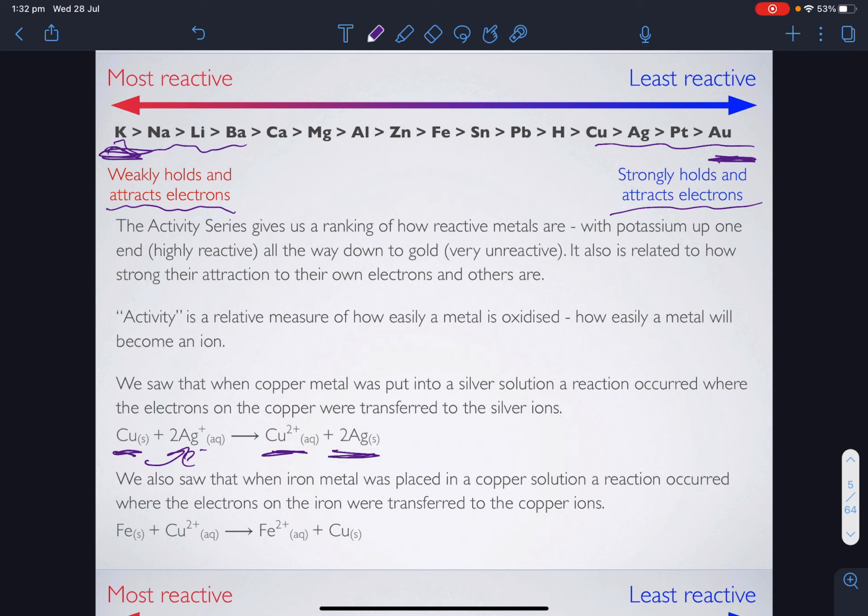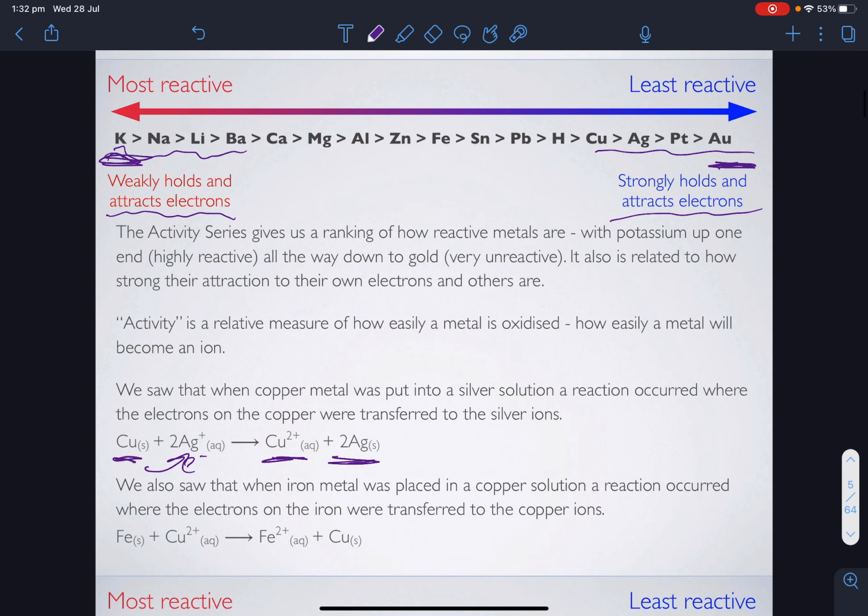So you would see some dark metal covering what was the copper. We also saw from the examples last chapter that when you put iron and copper ions in presence, you will get a displacement reaction where iron is oxidized to iron 2+, it goes into solution, and copper is reduced to copper 0 and precipitates out as that distinctive copper orange-brown color.